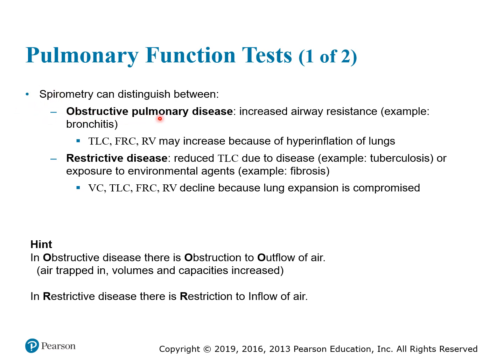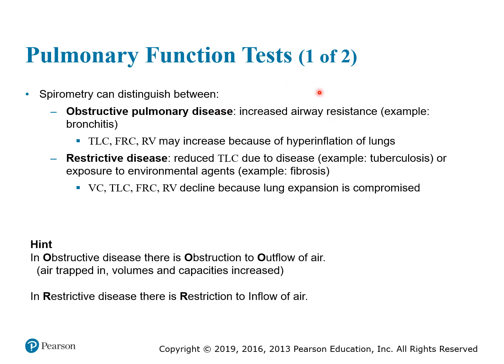So in obstructive pulmonary disease, what is the defect? There is increased airway resistance. For example, in bronchitis, itis means inflammation, so there is inflammation in the bronchi. Usually these diseases are chronic, so we call them COPD. You will many times read the term COPD.